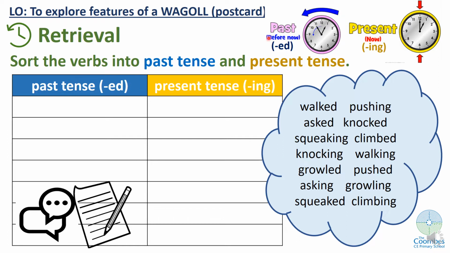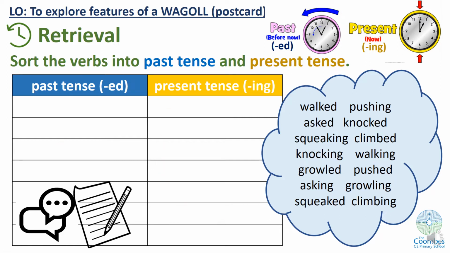If it's a regular past tense verb, it will have the ed suffix, and if it's a present tense regular verb, it will have the ing suffix. So I have all of these verbs down here, and what you need to do is put them into the past tense or into the present tense.